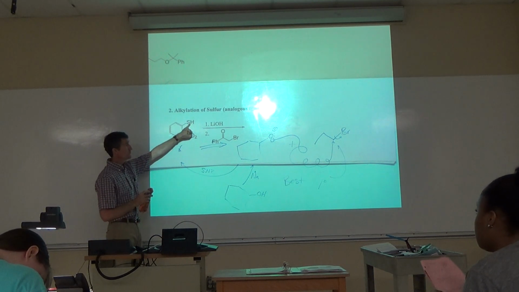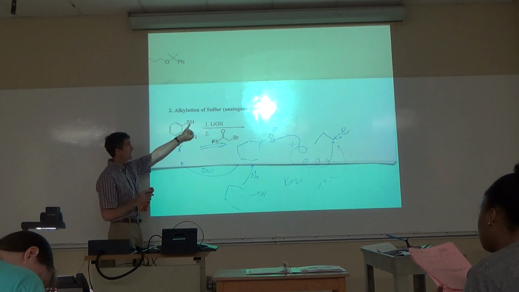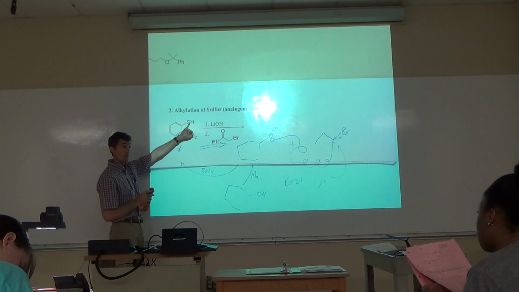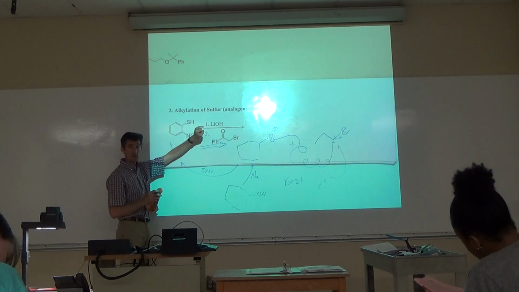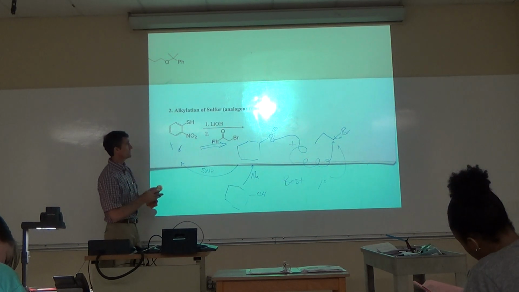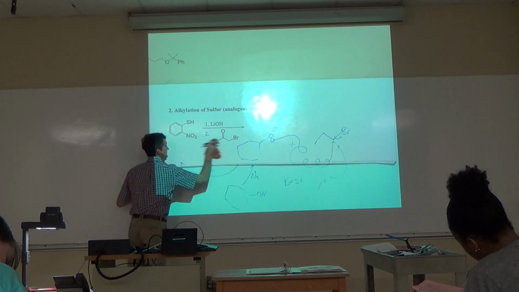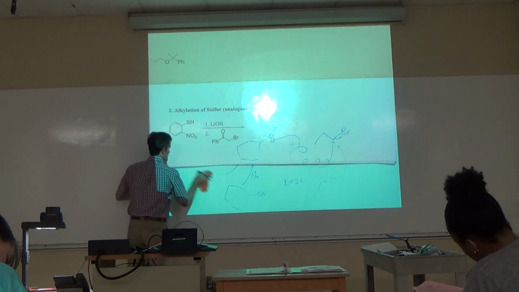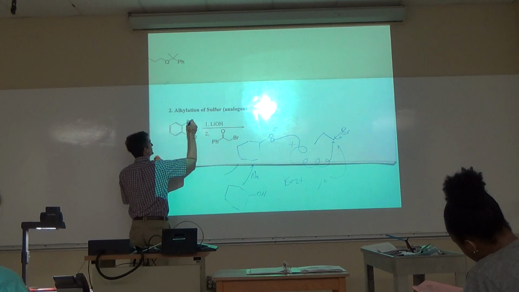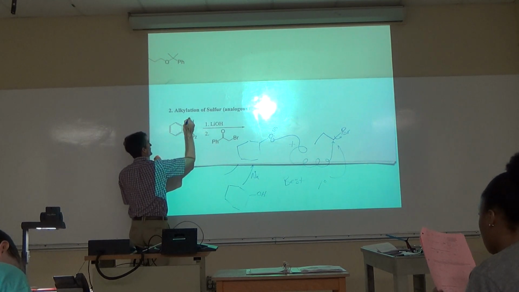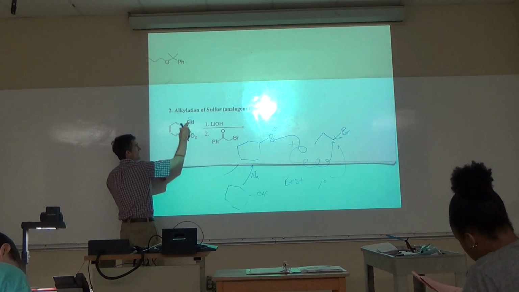And thiophenols are more acidic than phenols because you'd rather make it a minus on S than O. S is bigger. Actually more acidic. We can deprotonate using hydroxide. In this case, I use lithium hydroxide. What does the lithium hydroxide do to the thiophenol? Deprotonates it, makes it a minus. That's what that's going to do.